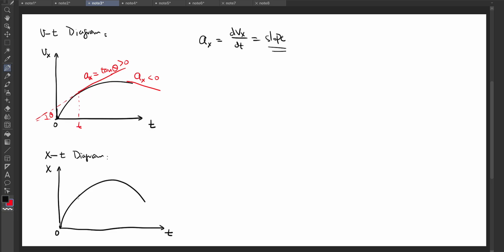Here's the instant 1 slope, and that would be Vx in this case would be positive, right? At least at instant 1, okay? And let me call this Vx1.